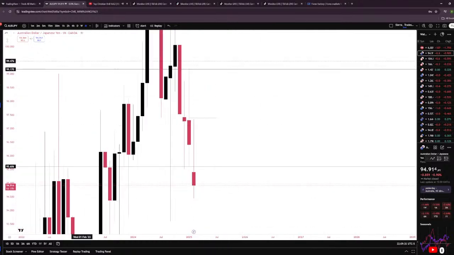This is 50% of last month's candle. Price literally came like 5.4 pips from the monthly 50%.